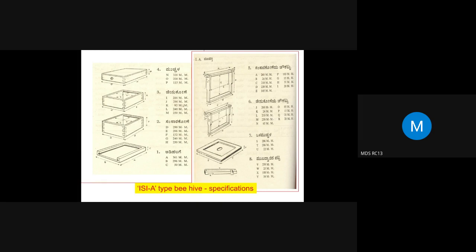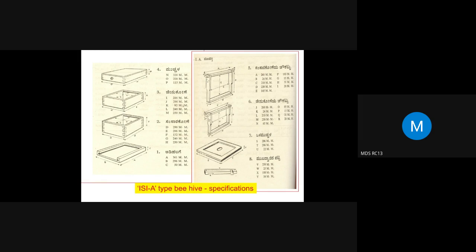And between these two chambers, the super chamber and brood chamber, we can also include a layer called a queen excluder. The queen excluder is used to avoid movement of the queen from the brood chamber to the super chamber. Because if the queen moves to the super chamber, it may lay eggs there, where the super chamber is meant only for collection of honey.